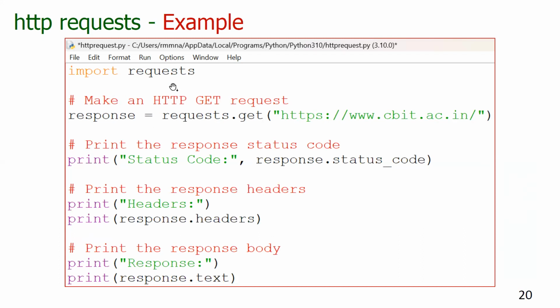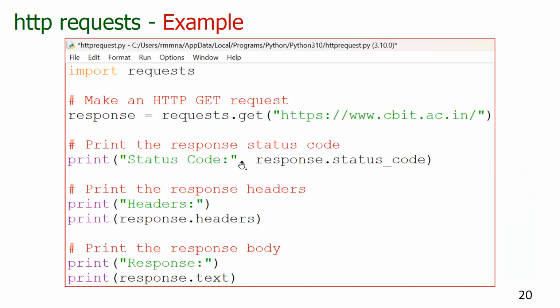So import requests, then you have to make an HTTP GET request using requests.get. The same URL we are using for our reference, which we have seen earlier in the output: https://www.cvit.ac.in. Here we made an HTTP GET request using the new package, requests.get.